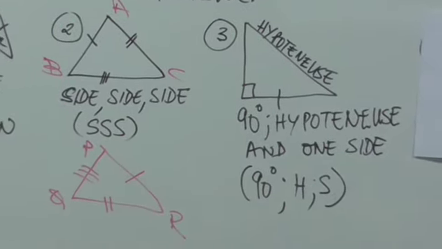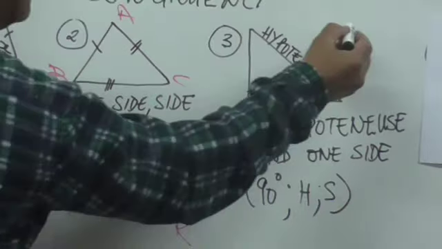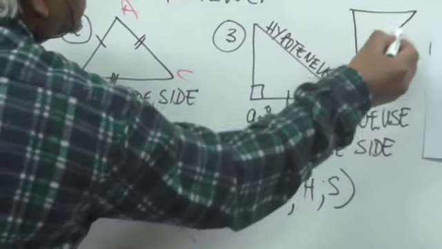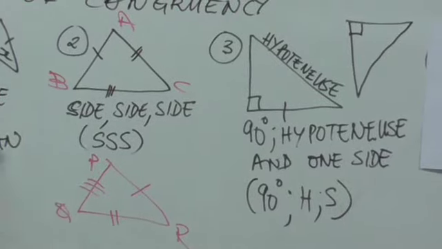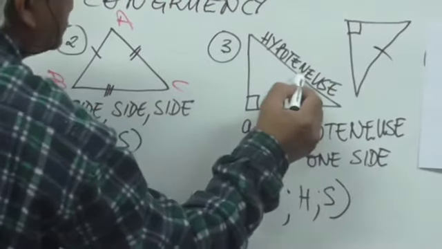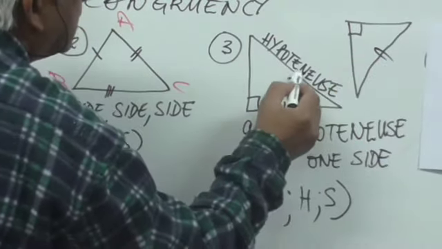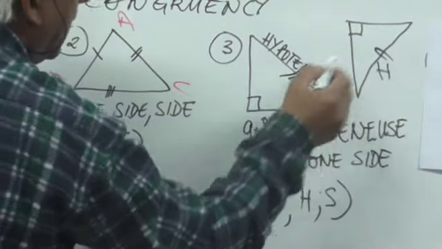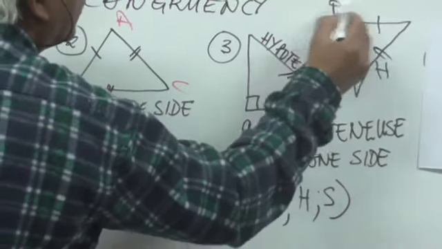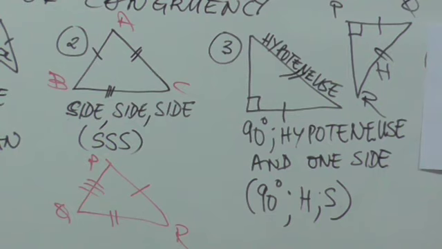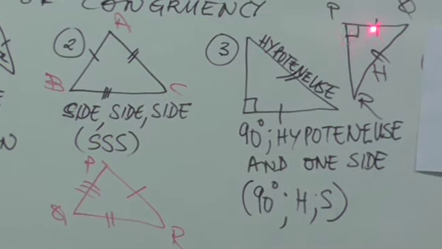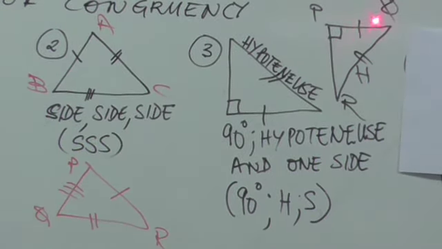So you will be given 2 triangles. Now these two triangles have a 90 degree angle. They both have the hypotenuse equal. And both have one side equal. So this case is called 90 degree, hypotenuse and side.